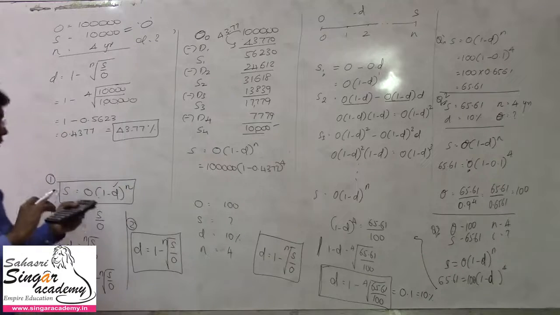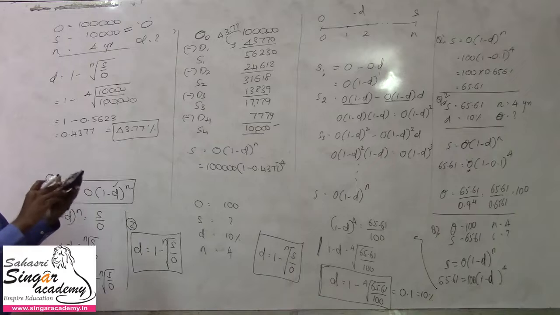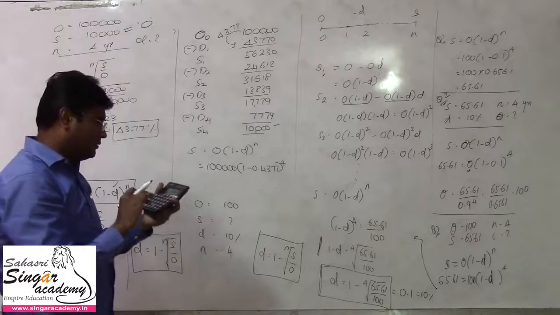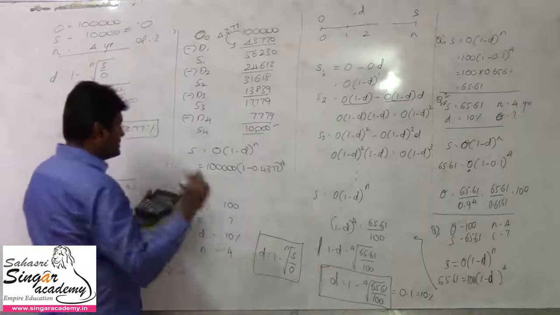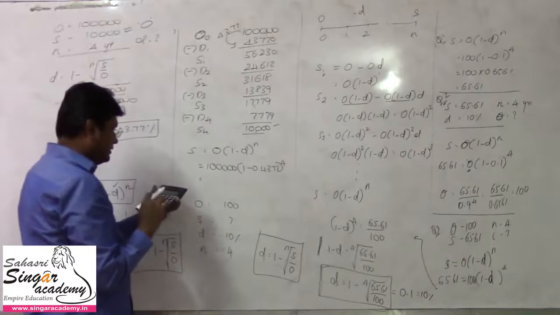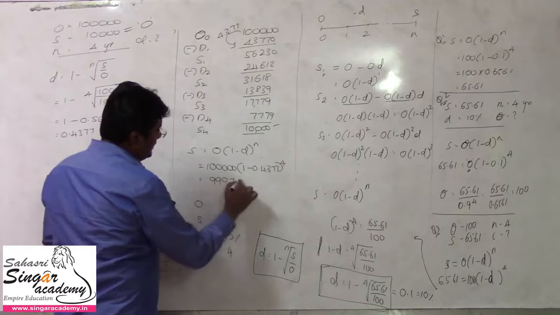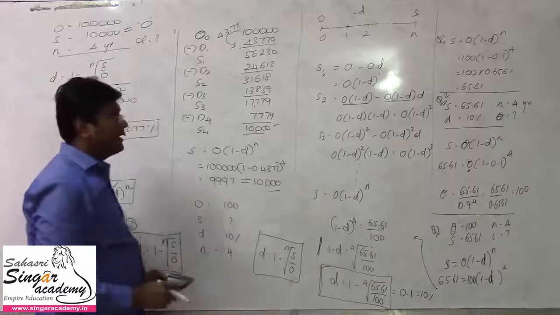So 1 minus 0.4377 gives 0.5623, and its power 4 is 0.099970. If you multiply this with 1 lakh, the ultimate answer is 9,997, which is equivalent to 10,000. This is also a rounding off error. You can arrange the data like this.